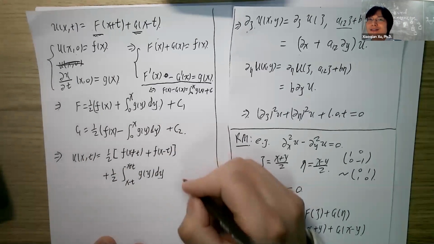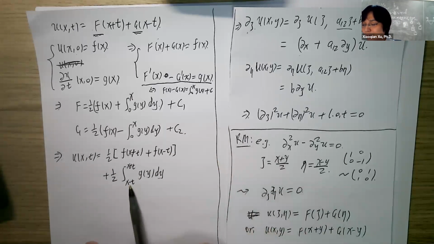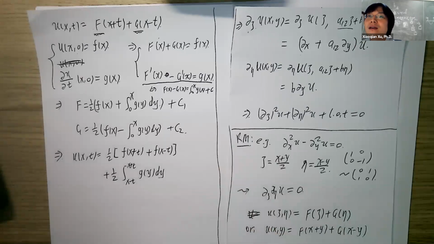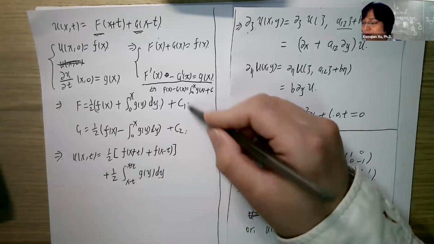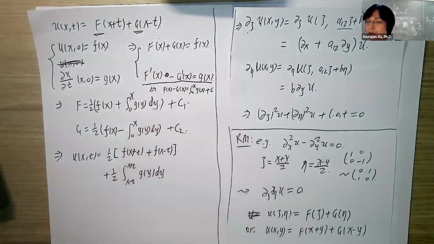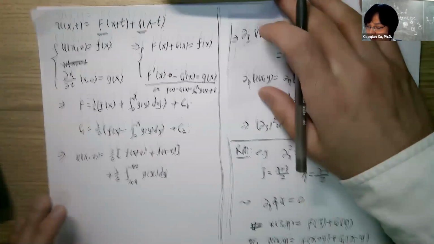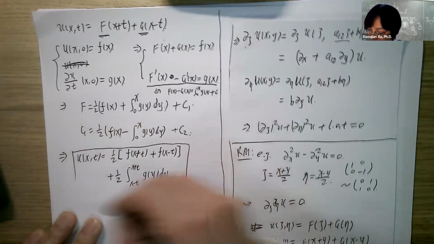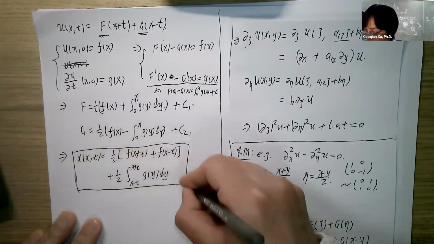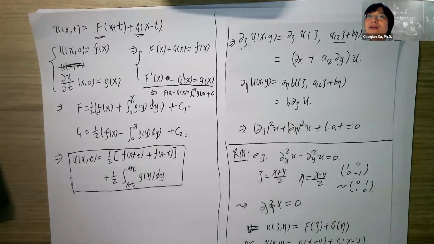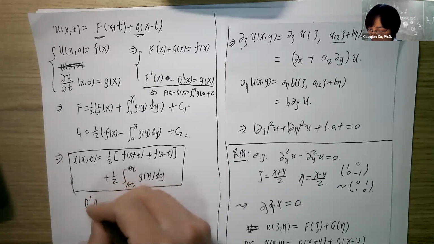Maybe you should add a constant c, but if you plug in t equals 0, you find that c should equal 0. So c1 and c2, if you do this kind of operation, cancel. This is the general form of your solution of the wave equation based on your initial data, and this is the so-called D'Alembert solution.